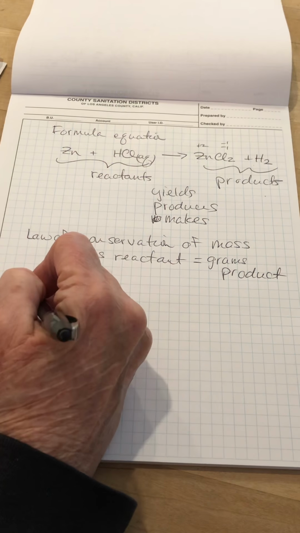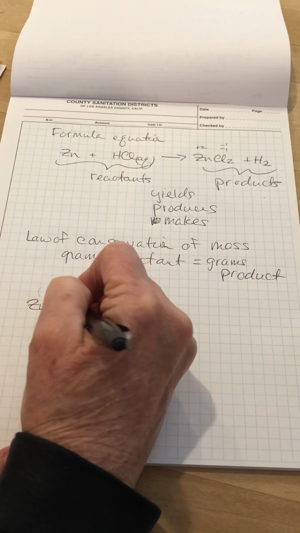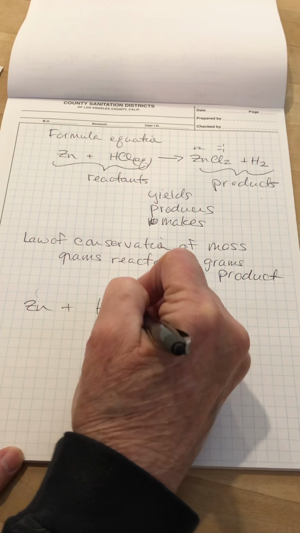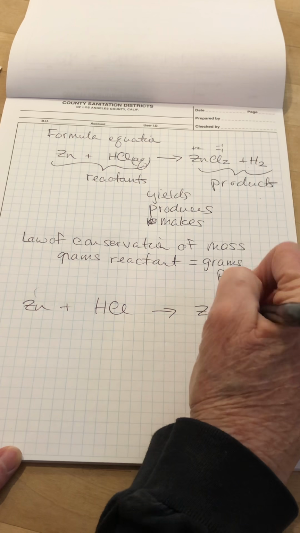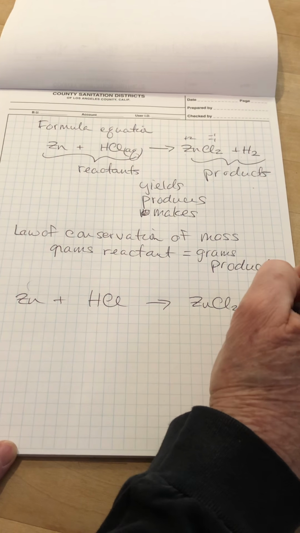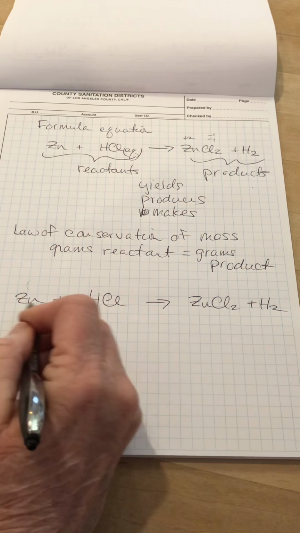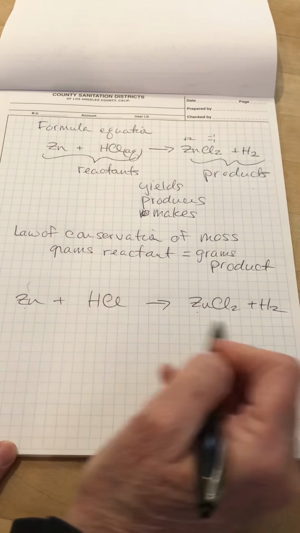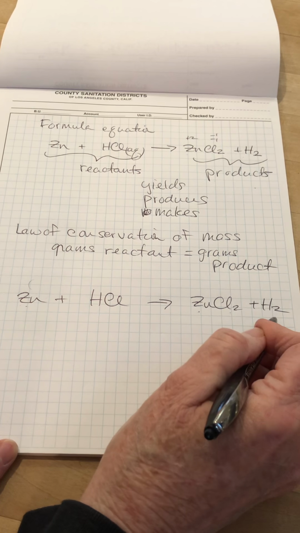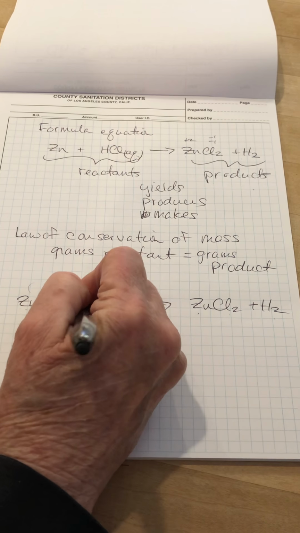So to do that, I'm going to rewrite that equation, zinc plus HCl. I'm going to leave out the AQ this time just to simplify what it looks like, making zinc chloride and hydrogen gas. Well, the zinc's fine the way it is. Okay, 1 zinc there, 1 zinc there, but I need 2 chlorines and I need 2 hydrogens. What if I put a 2 here?